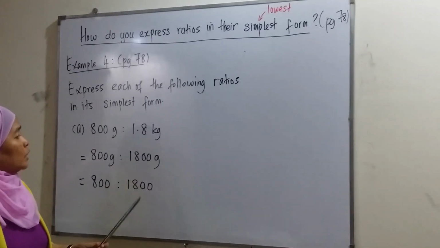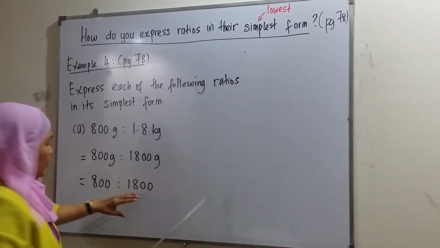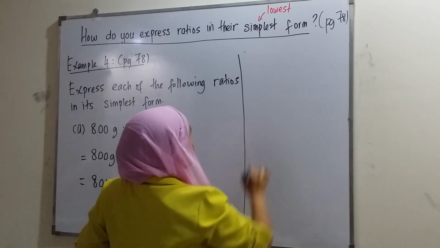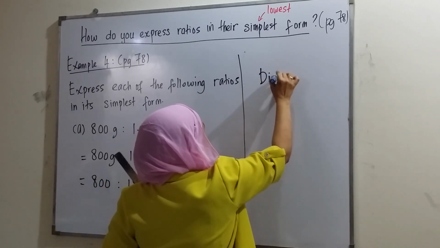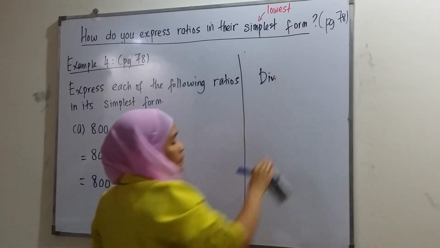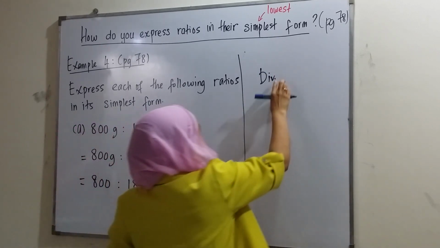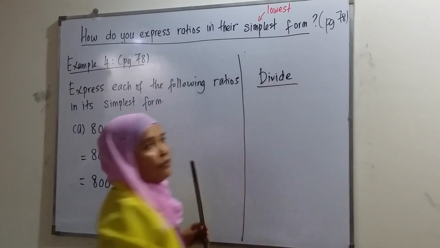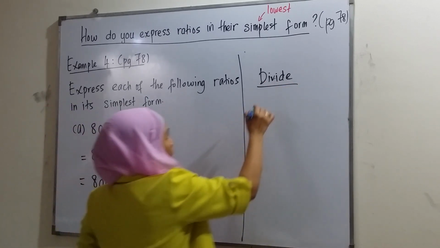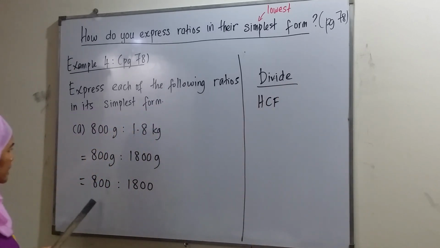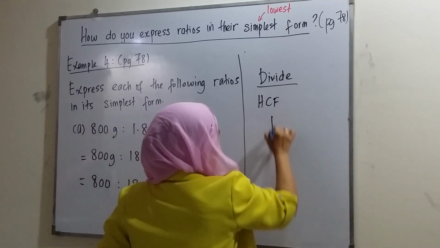Okay, here, to form the simplest form, we have to divide. When we divide, we have to find the highest common factor. So what is the highest common factor for these two numbers?